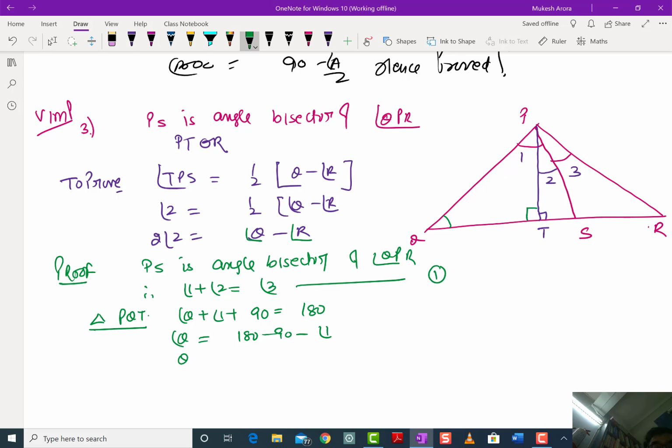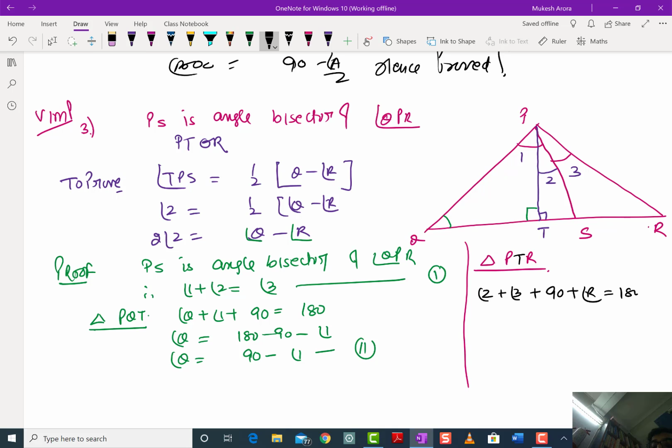This is 2. Now we have to find R. R is in triangle PTR, since PSR is not going to give us anything. In PTR, angle 2 plus angle 3 plus 90 plus angle R is equal to 180. Angle R is equal to 180 minus angle 2 minus angle 3. This is 3.